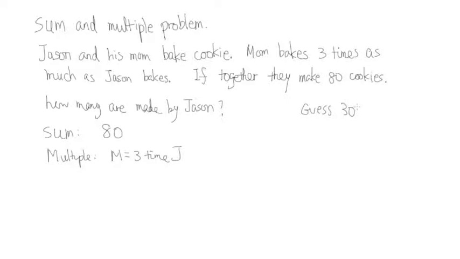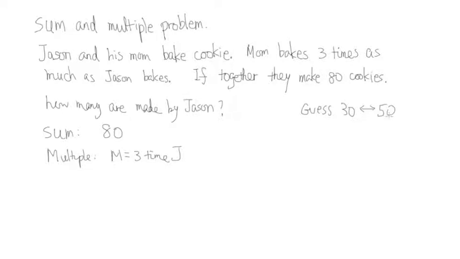If you guess 30, then the 80 will be split into two parts. One is 30 cookies and the other part will be 50, which makes 30 plus 50 is 80. But clearly 50 is not 3 times 30. 50 is much less than 3 times 30. So to make a better guess, should you make a bigger or smaller guess for Jason?